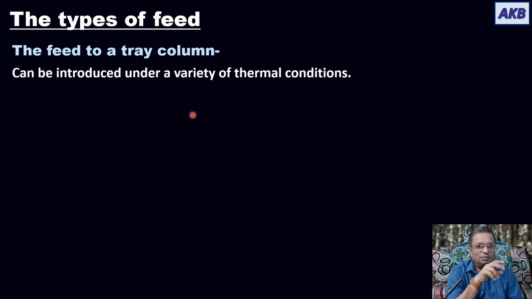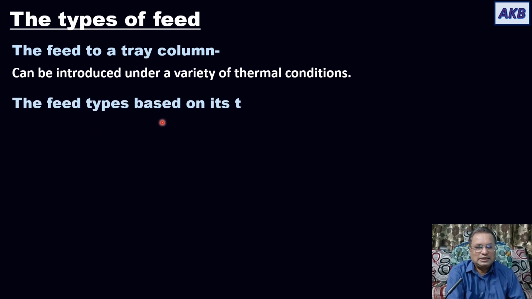By thermal conditions, we mean the energy content in that feed. That is why I'm saying the feed can be introduced under a variety of thermal conditions, and that is the basis of classifying those feeds. So the feed types are based on its thermal conditions.